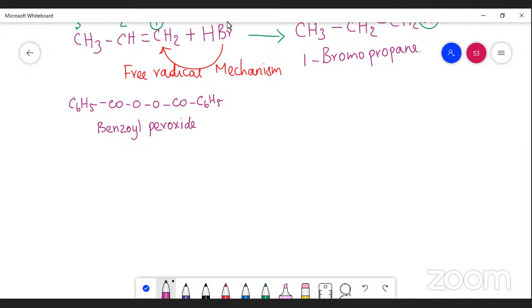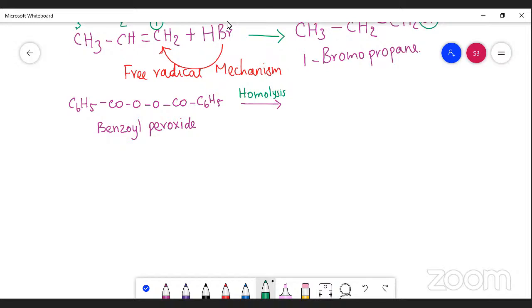We are using benzoyl peroxide, and this benzoyl peroxide undergoes homolytic cleavage, so here it is homolysis. What do you mean by homolysis? It is nothing but equal sharing.